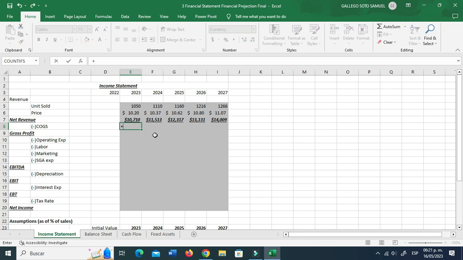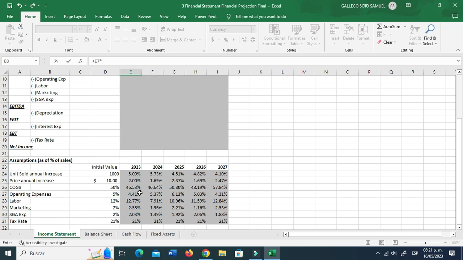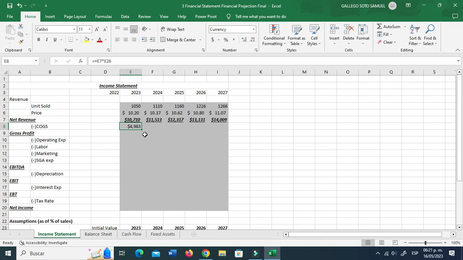Okay, so for the cost of goods sold, we already have the net revenue, so that's multiplied by the number that we have over here. Then select that, and then the gross profit. Let's just keep the signs, right? Let me keep the signs to be negative.